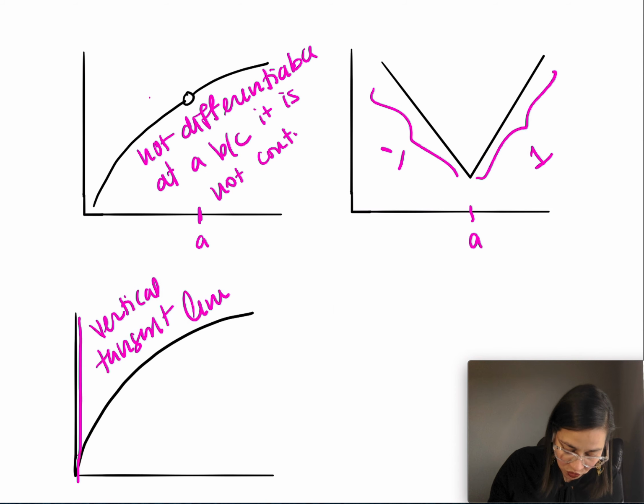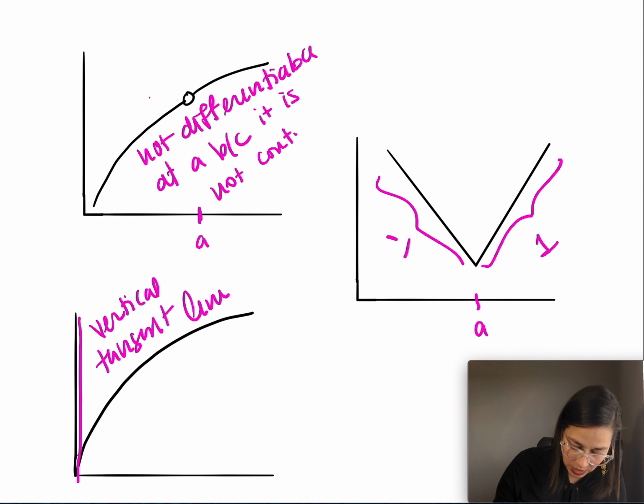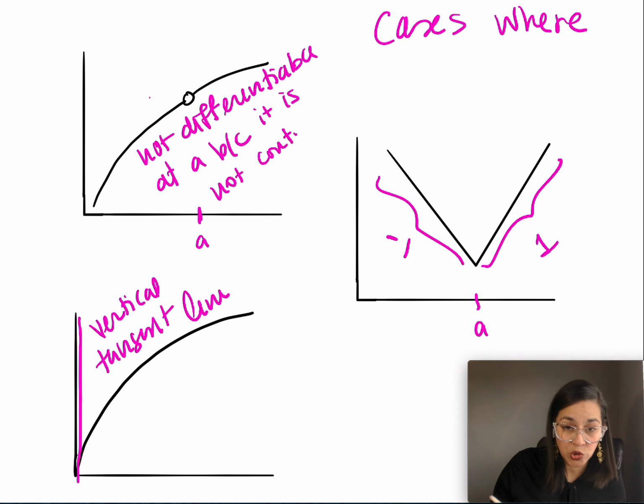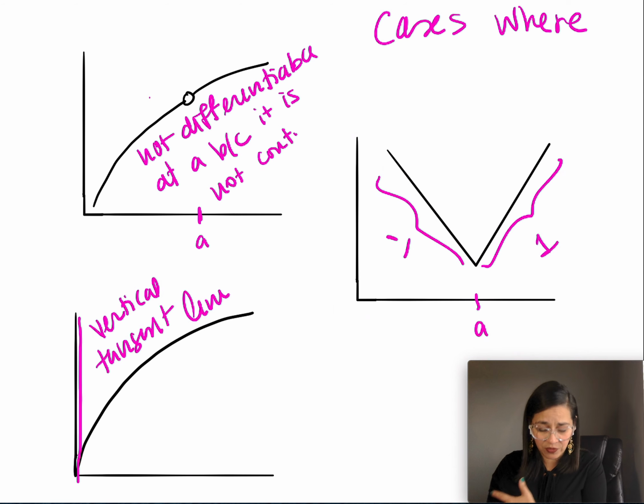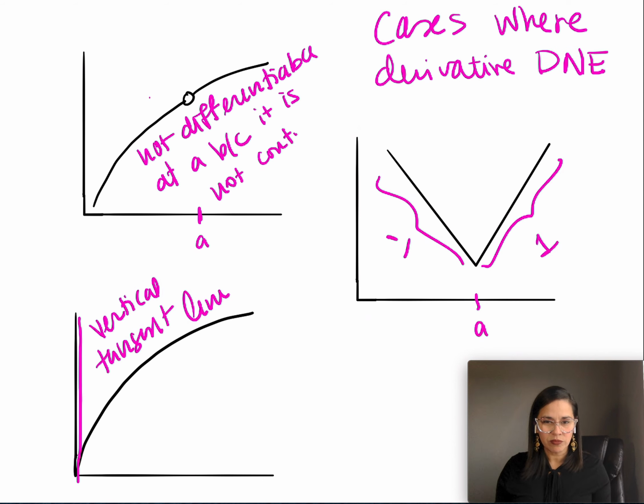Perfect. So let me just write this down real quick. So these are the cases where the derivative does not exist, meaning the function is not differentiable. Okay? So hopefully you're looking at this and you feel like you've seen something like this before.